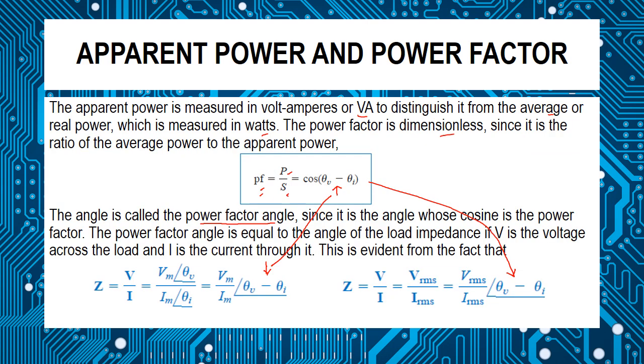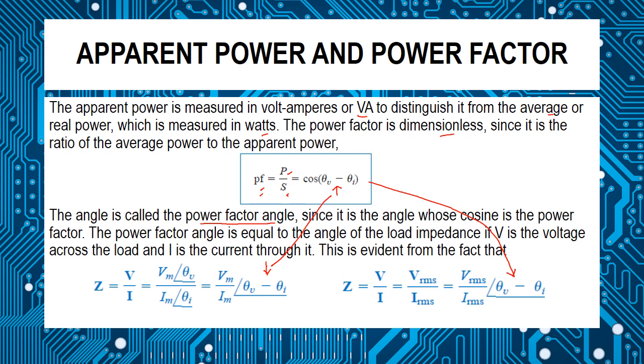So the apparent power is measured in volt-amperes or VA to distinguish it from the average or the real power, which is measured in watts. The power factor is dimensionless, since it is the ratio of the average power to the apparent power.